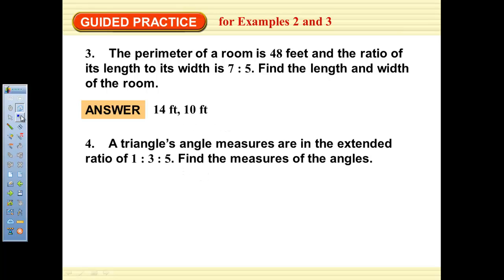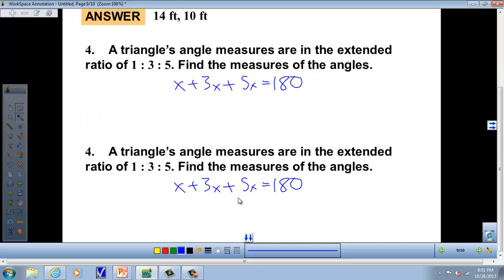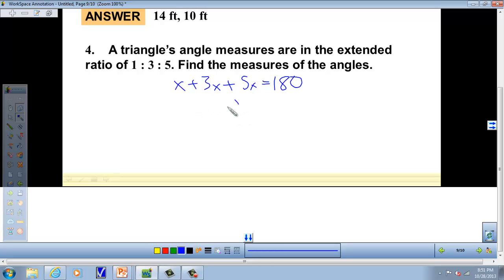We're going to do another triangle one. This time we have x plus 3x plus 5x is equal to 180. That gives us 9x equal to 180, dividing both sides by 9. We get x is equal to 20.